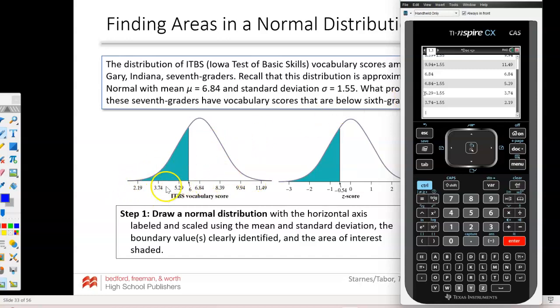So using actual numbers, to convert, this is just a standardized score there. To figure out what the z-score of 6 is, we do the fraction. It's that same z-score we've done from the other section. So the value 6 minus the mean, which is 6.84, over the standard deviation, which was 1.55.